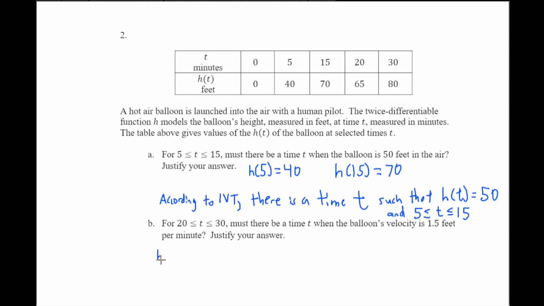We can do h of 30 minus h of 20 over 30 minus 20. We get 80 minus 65 over 10, which is equal to 15. No, sorry, 1.5, because 15 divided by 10 is 1.5 feet per minute.